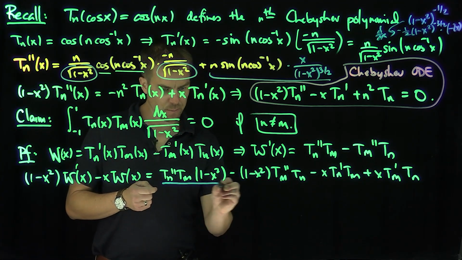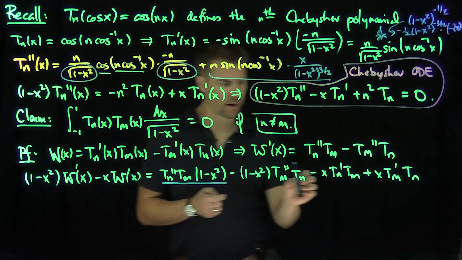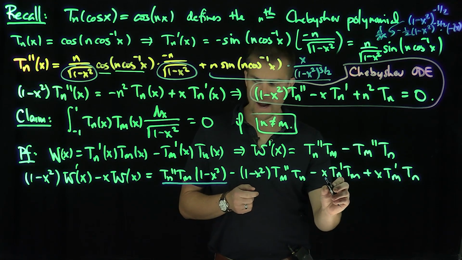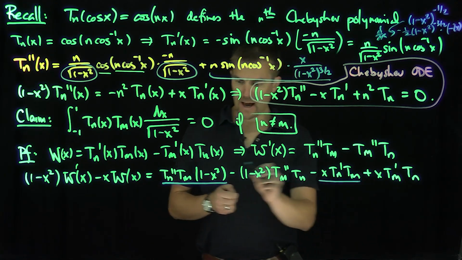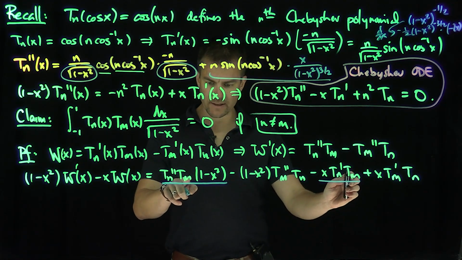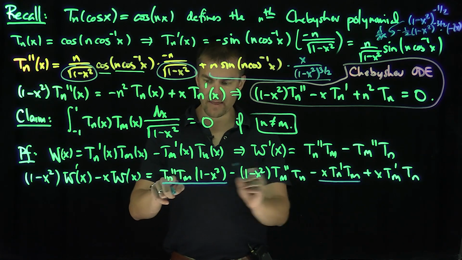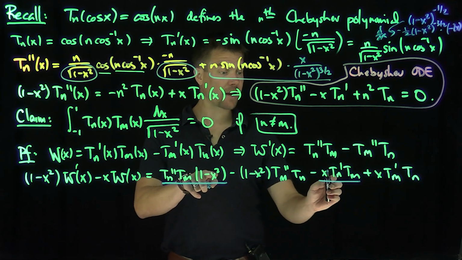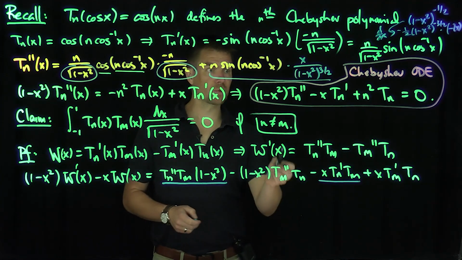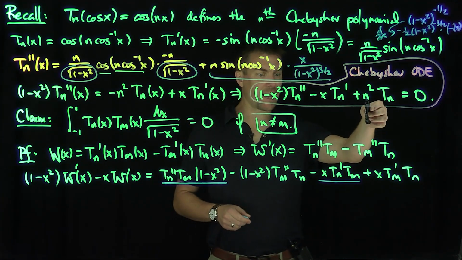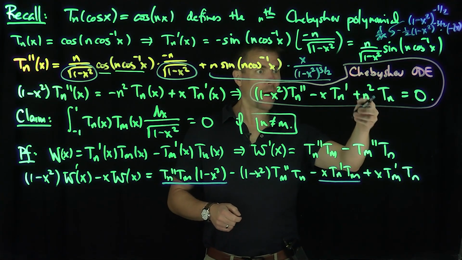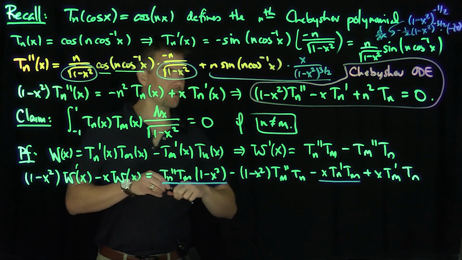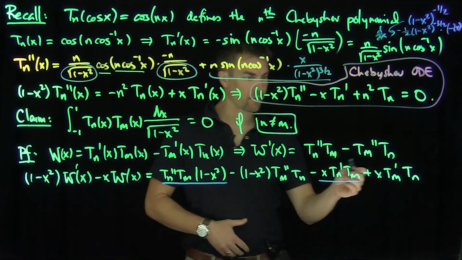I have a tn double prime times 1 minus x squared, and then this term over here I have a minus x tn prime times tm. So both those terms that I've just highlighted have a tm in common. Those two highlighted terms are going to give us, by the definition, negative n squared tn, right? So in other words, I can add it in there and I'll get 0, right?